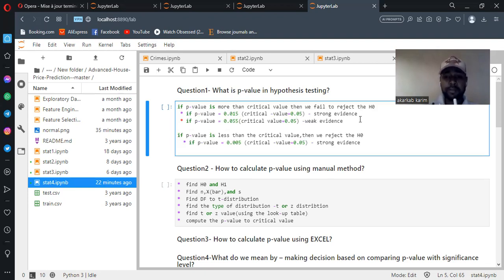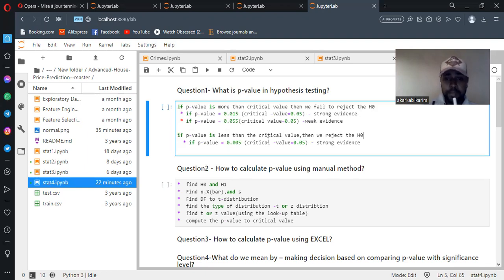This is strong evidence. That means we fail to reject that. Why? Because the critical value is less than the p-value, the probability we found. Same thing with the second example we have here. If p-value is equal to 0.055 and the critical value is 0.05, I mean we can now reject the h0.